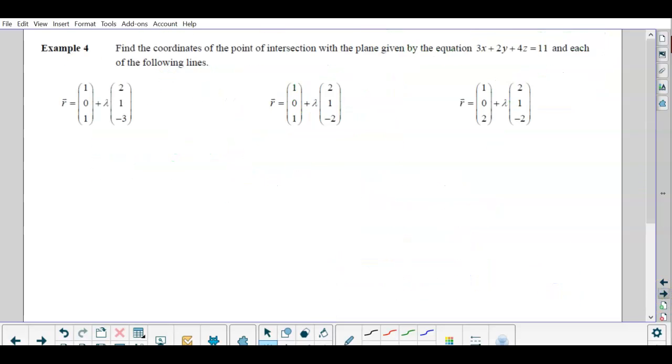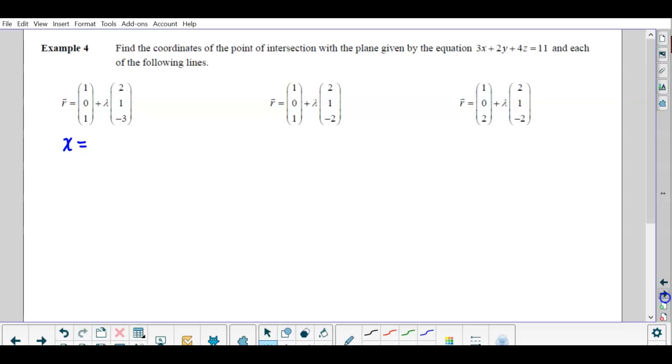What's nice about this Cartesian equation is that you've got these lines in vector form because they're in 3 dimensions. So I would convert those to parametric form and then substitute in to see what parameter works or doesn't work, or whether there are no points of intersection or infinitely many.